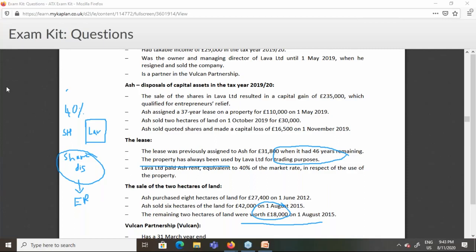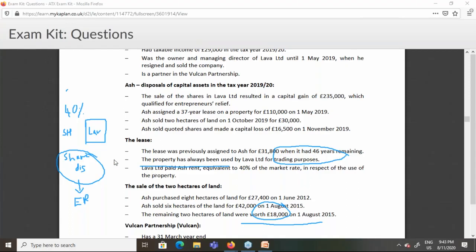That relief you have obtained can be extended to the associated disposal, though it is a disposal of a single asset. So this is what we call an associated disposal.